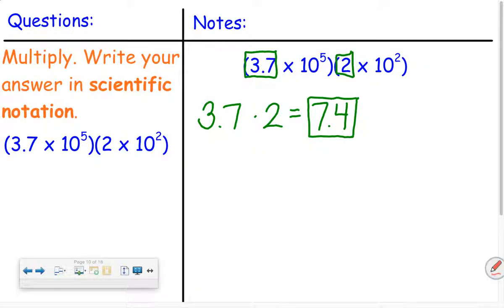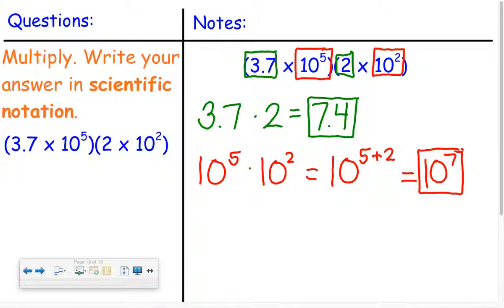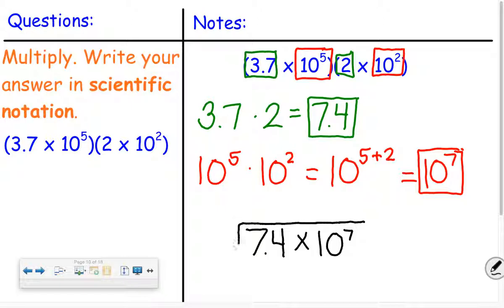And then I'm going to take 10 to the 5th times 10 squared. So really, I'm just adding my exponents. So 10 to the 5 plus 2 would be 10 to the 7th again. So I'm going to put the two of these together, and my answer would be 7.4 times 10 to the 7th power. That answer is between 1 and 9.9, so I'm done.